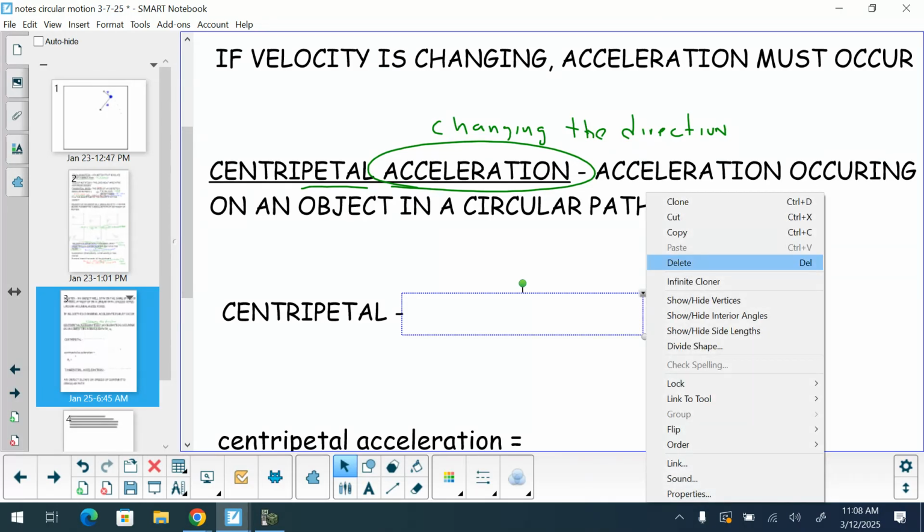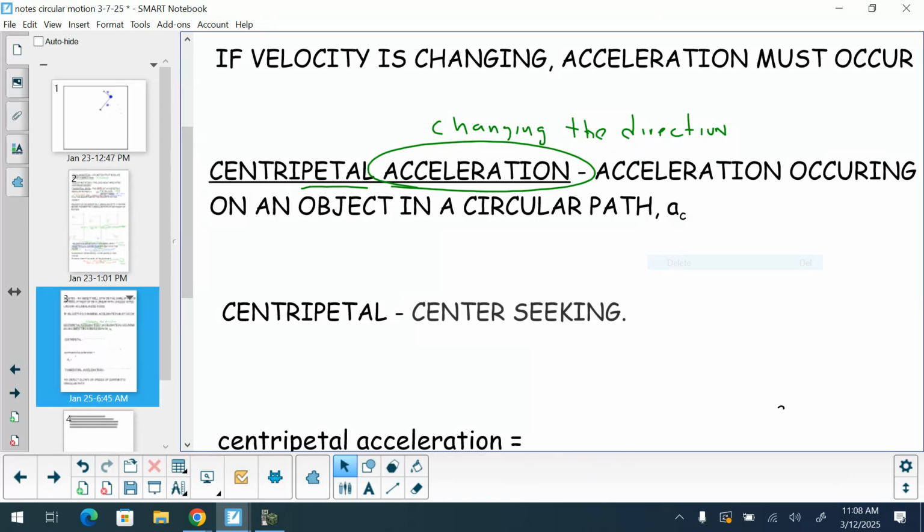When we talk about centripetal, it means center seeking.